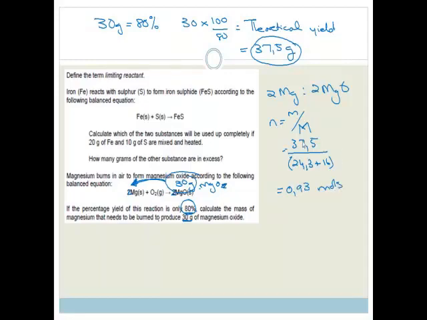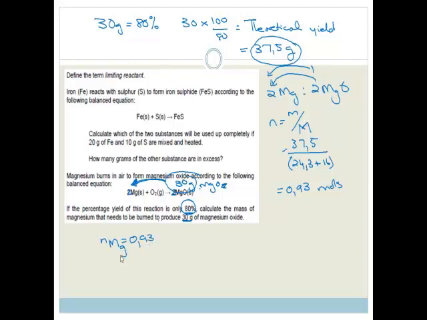So we have formed 0.93 moles of magnesium oxide, but the ratio is 2 to 2, which means that it's 1 to 1, which means that if we formed 0.93 moles of magnesium oxide, we have to have used 0.93 moles of magnesium. So therefore, the number of moles of magnesium is 0.93.